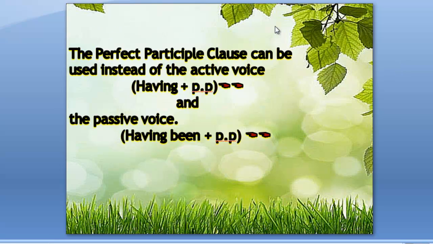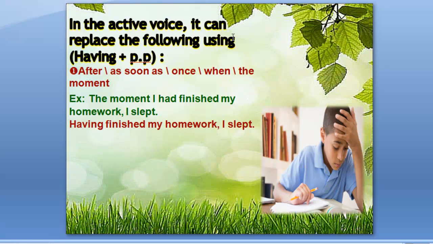The perfect participle clause can be used instead of the active voice using having plus pp, and for the passive voice we use having been plus pp. In the active voice, it can replace after, as soon as, once, when, and the moment, but we use having plus pp. The moment I had finished my homework, I slept.